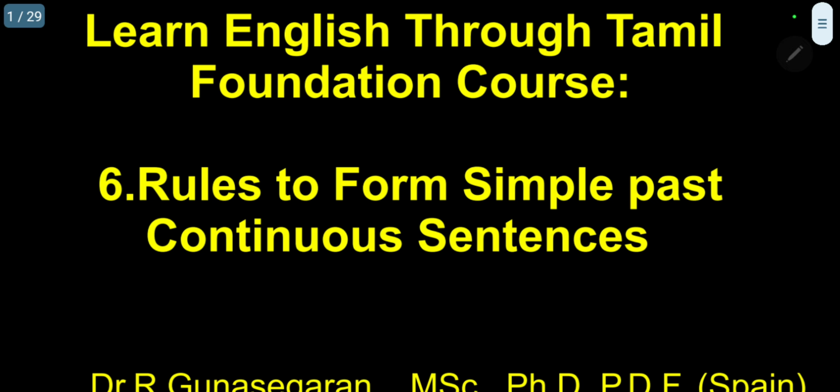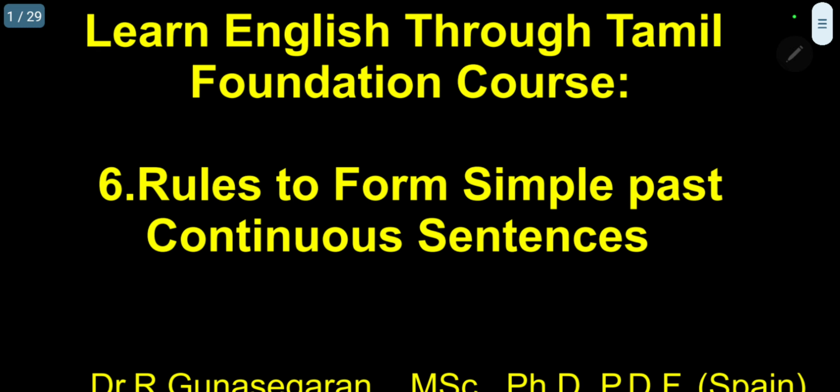In future tense: number one, simple future; number two, simple future continuous; number three, simple future perfect; and simple future perfect continuous sentences. So totally, we have 12 types of simple sentences.